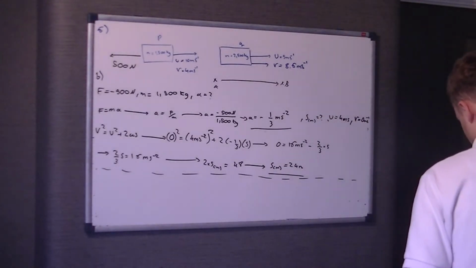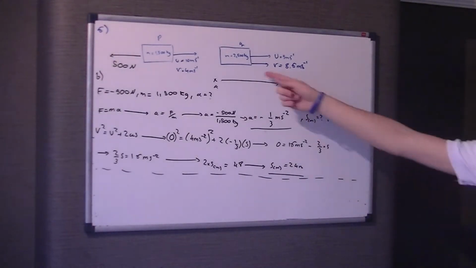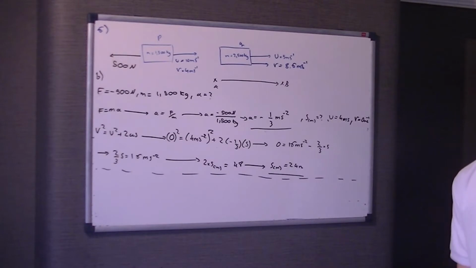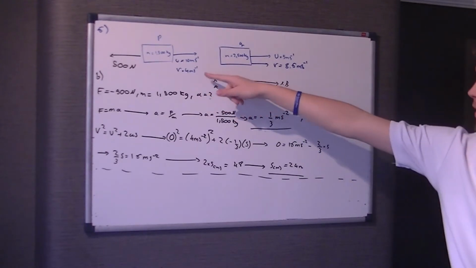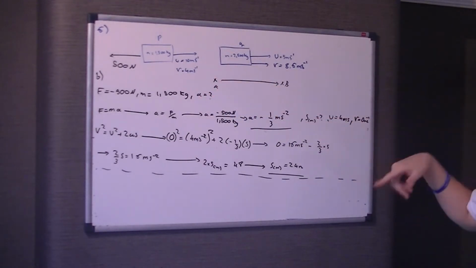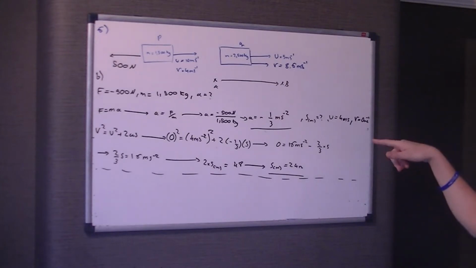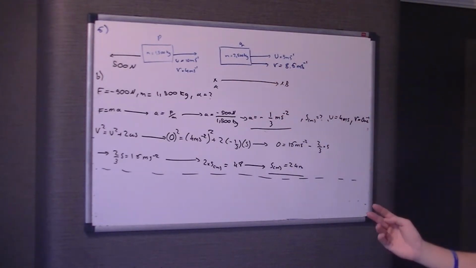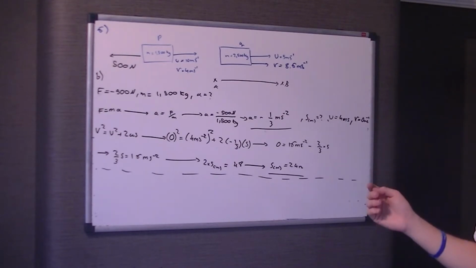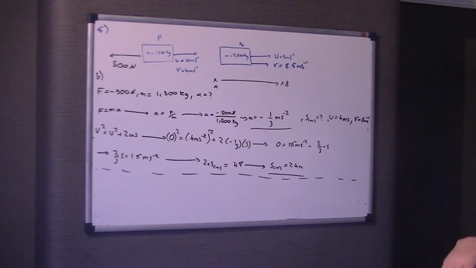Part C says, after the collision, Q, which is this one, continues to travel at 8.6 meters per second. Just like we said, the final speed in the first part was the initial speed for the second part after the collision, and the final speed for P in the second part, after it applies a braking force, is 0 meters per second.